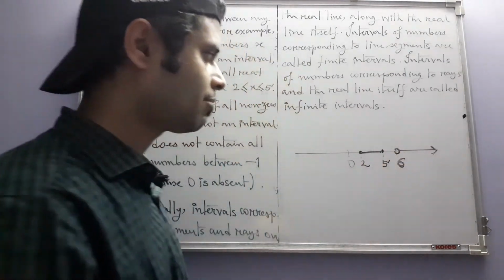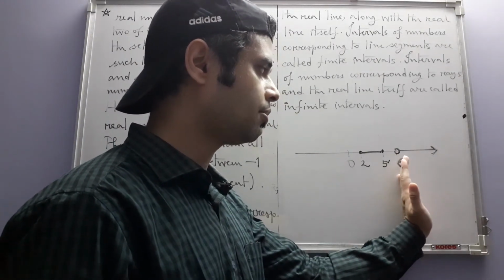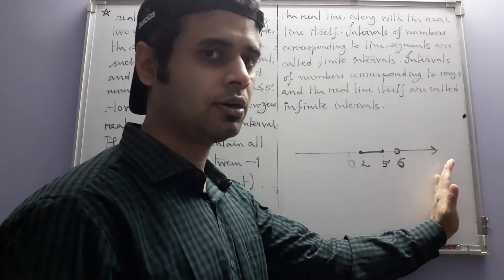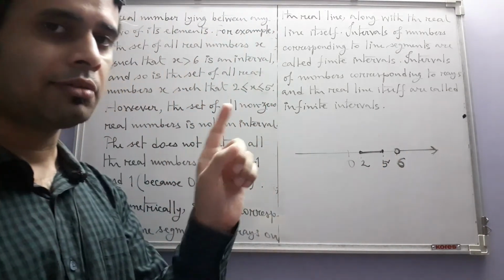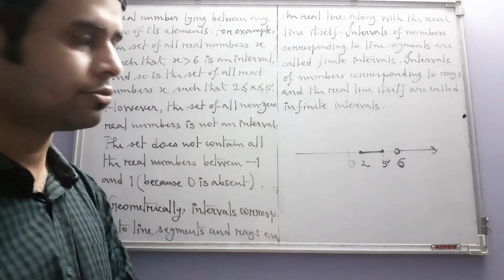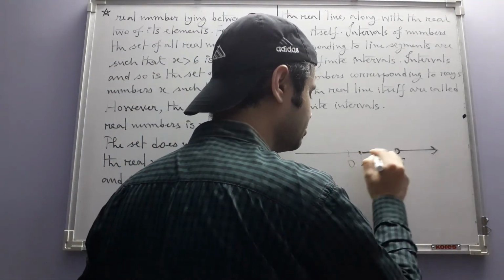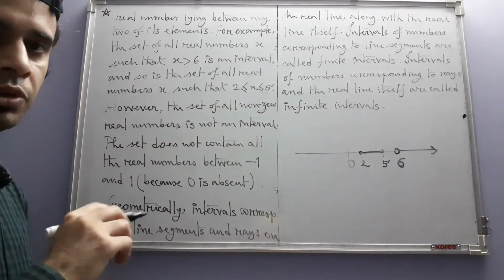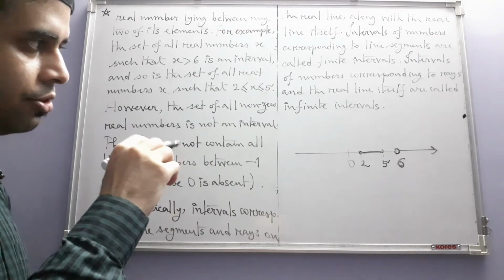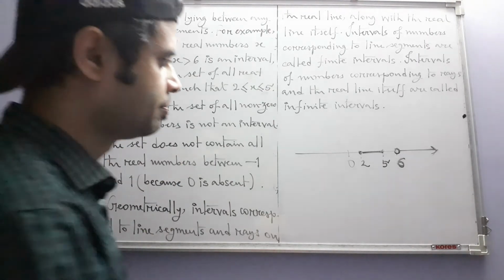It denotes the fact that we have to take all the real numbers that lie on the right hand side of the point that represents 6. We cannot take 6 itself. Here, however, because 2 and 5 both are parts of the set, we denote that fact by drawing black circles, completely filled out circles.